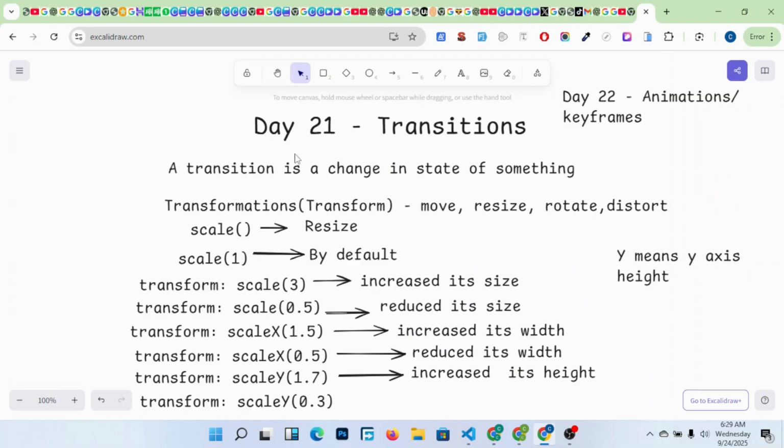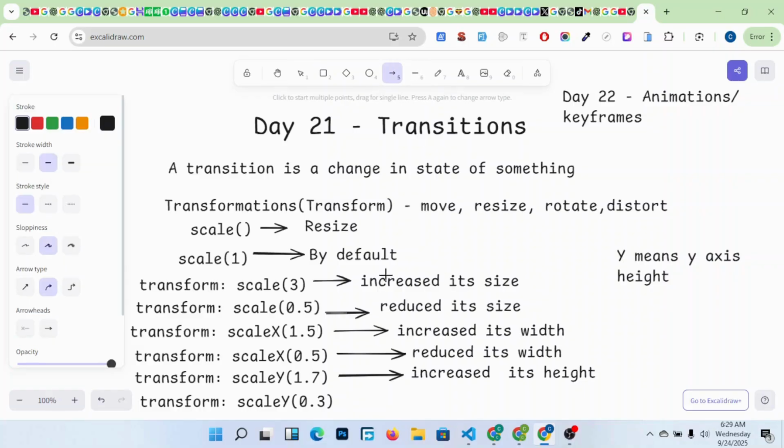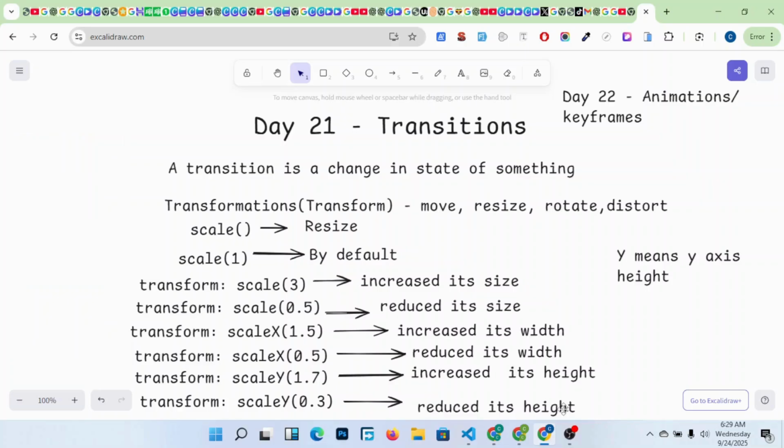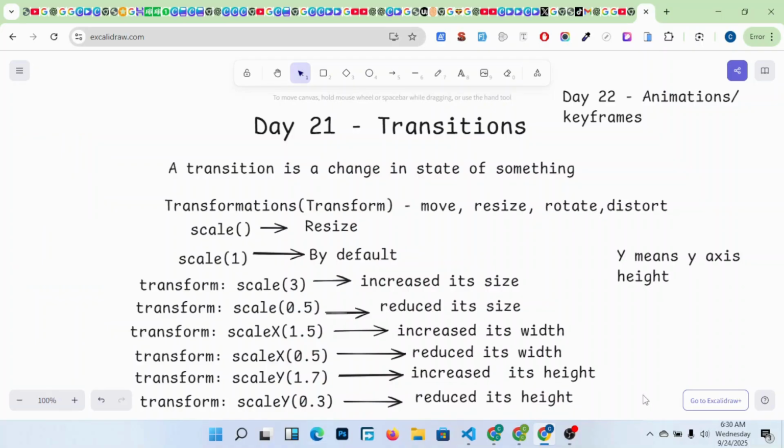It's supposed to be 1, but I do something like this. So this one here means that I have reduced its height, and you will find that this one will be very shorter. I have reduced its height, okay? So members, have you understood this very well, guys, before we move to the next thing?